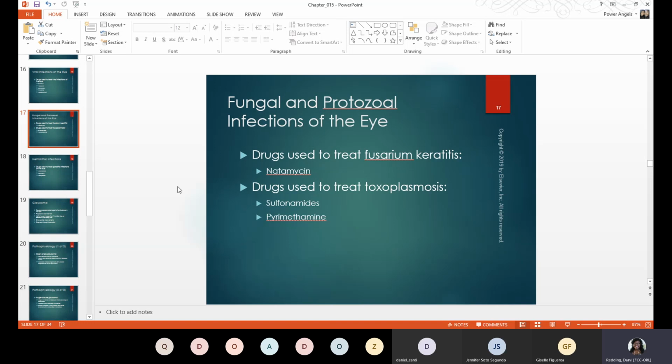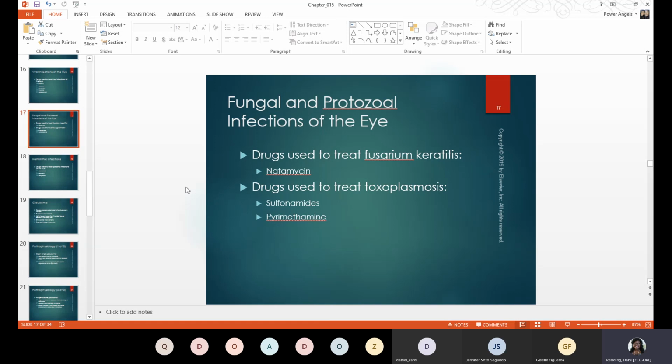And then you have pyrimethamine. Those are two of the drug classes that would treat toxoplasmosis.